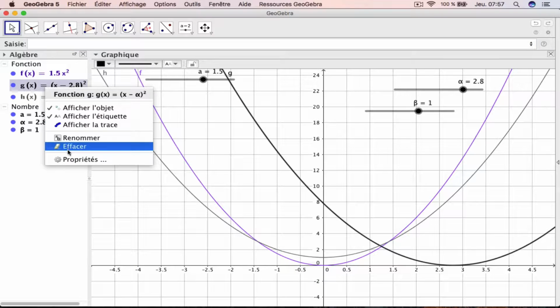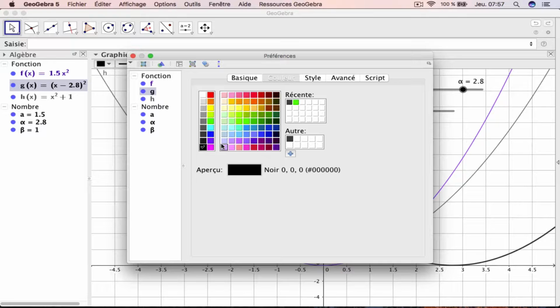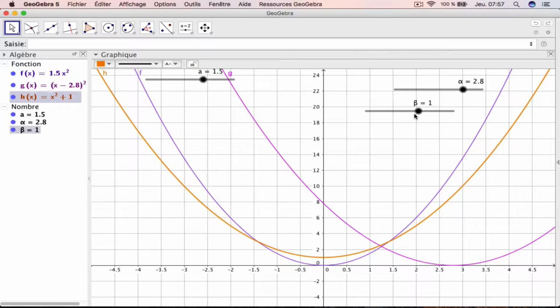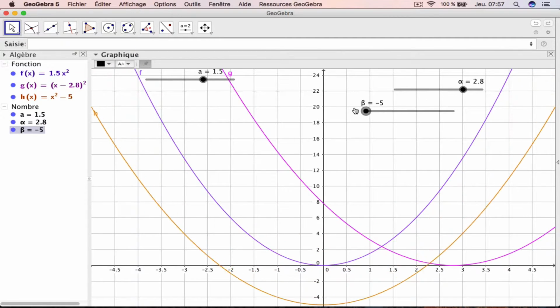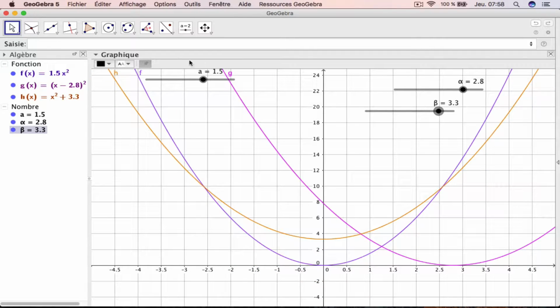Let's change the color in order to not confuse. Okay, h will be in orange. So when I move beta, I can move the parabola vertically. And now let's combine these two kinds of operations.